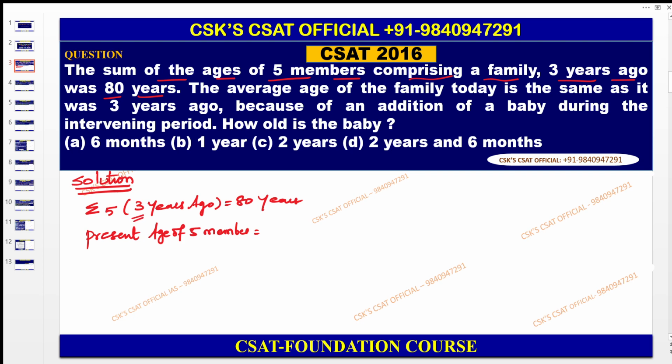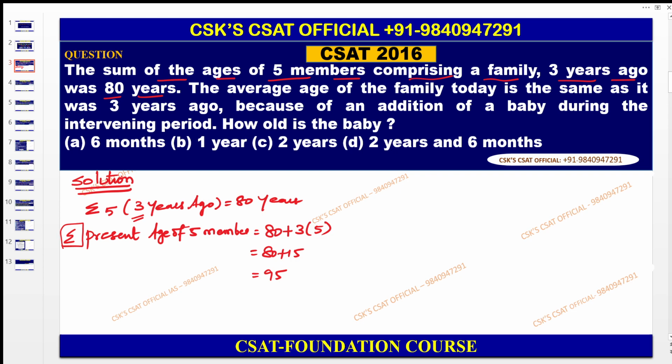So 80 plus each year age increases by 1, so 3 years times 5 is 15, which is equal to 80 plus 15, which is equal to 95. That is the sum of the ages of the 5 members. If you want, you can place here the summation symbol. Summation is for the addition of all the 5.